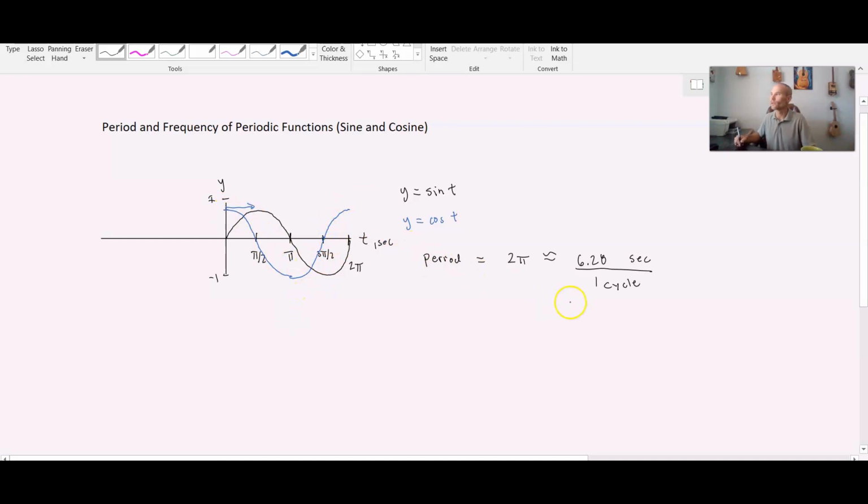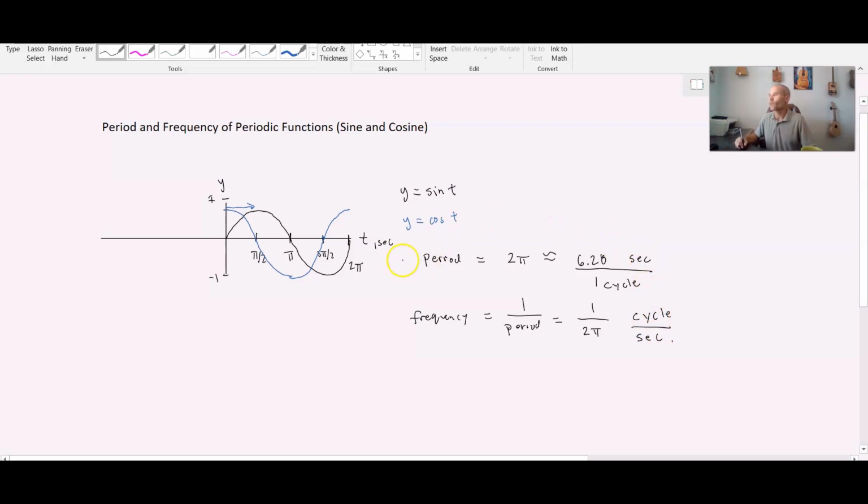And then, of course, it'll continue repeating itself from there. Now, frequency is defined as 1 over the period. So if we took, in this case, 1 over 2 pi, because it's the reciprocal of period, it's going to have reciprocal units as well. So this is going to be not in seconds per cycle, but in cycles per second.